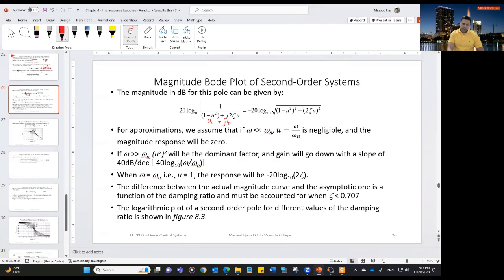If omega is quite smaller than omega n, or u is quite smaller than 1, because u is omega over omega n, then we assume that this factor is negligible, and we assume that the magnitude response is going to be 0, which will be negative 20 log 10 of 1.